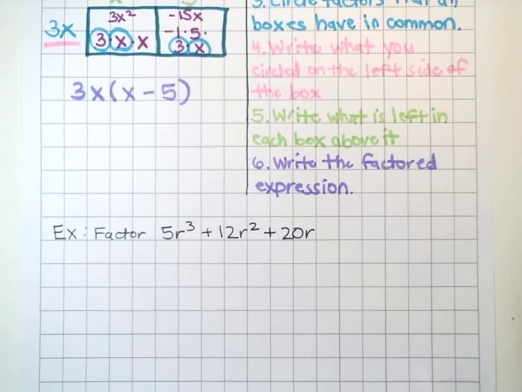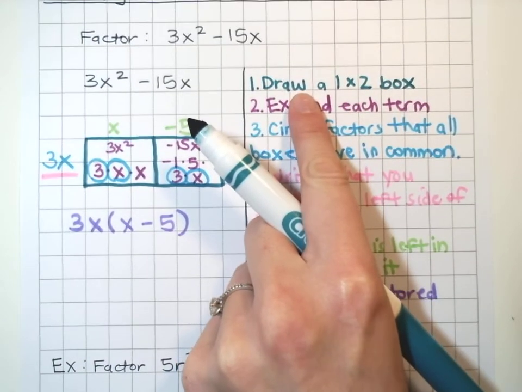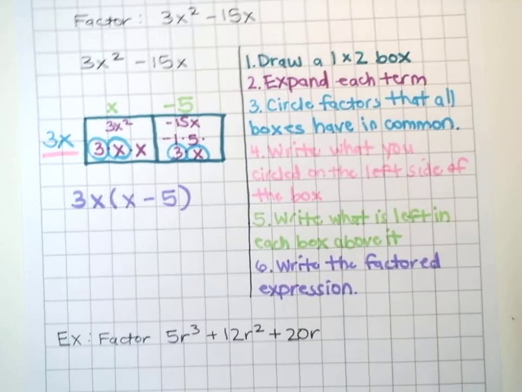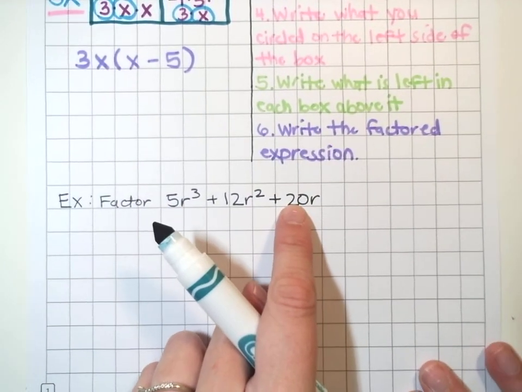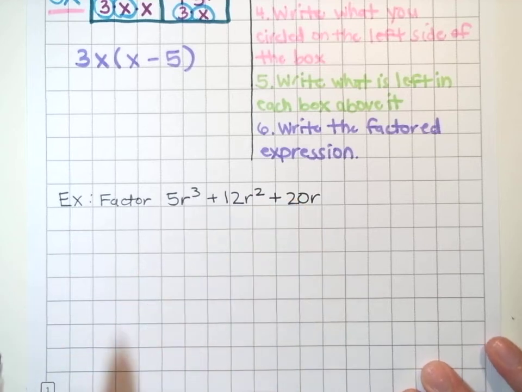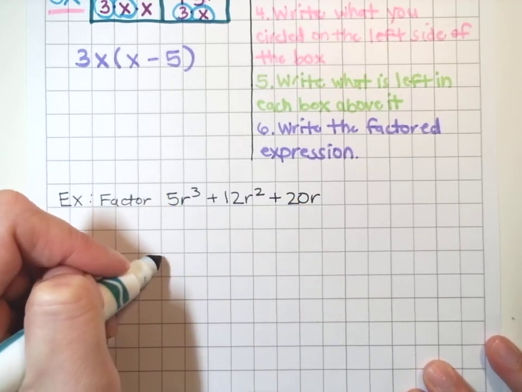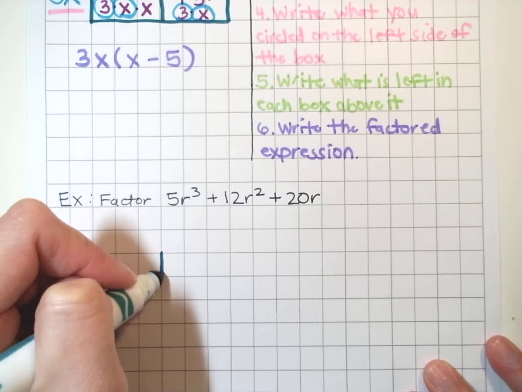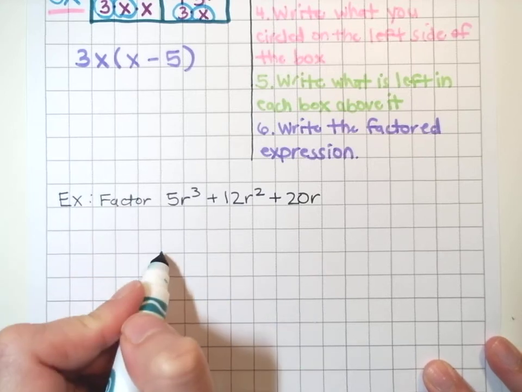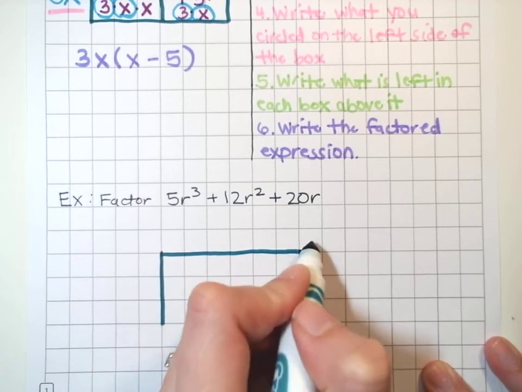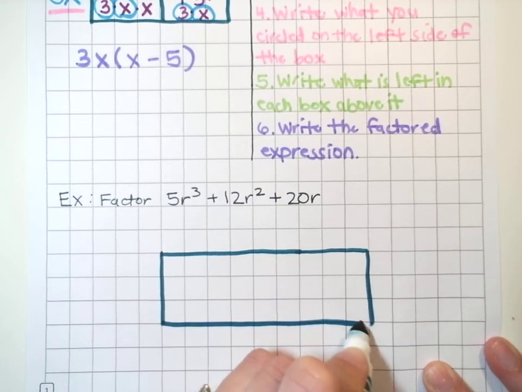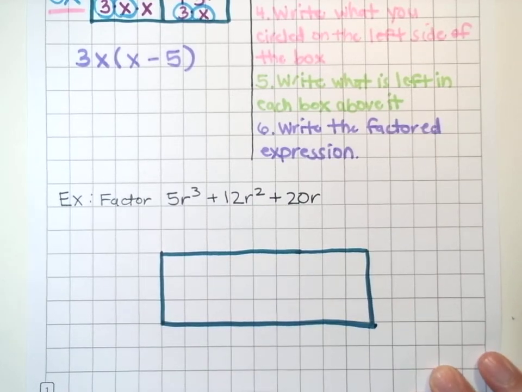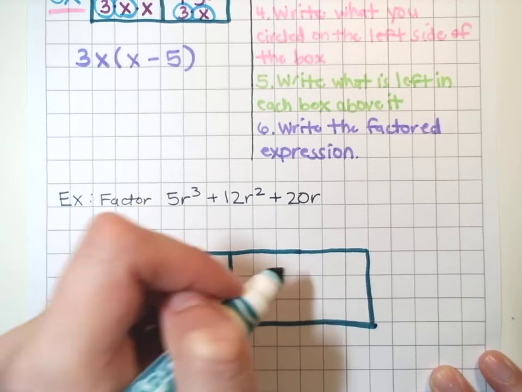Okay, so we're going to follow our steps up here. So first we need to draw a box. Now in this case, we have 1, 2, 3 terms. So that means we're going to need 3 boxes. I'm going to do a nice big box so that we can see everything nice and clearly.